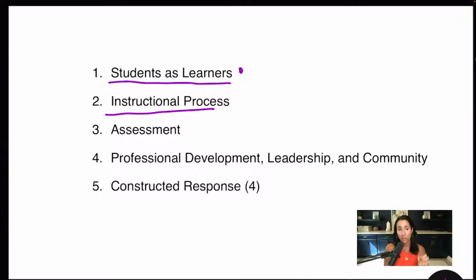Now, good words when it comes to instructional process are going to be state standards, aligning your lessons to the state standards 100%. If you see that in an answer choice, it's most likely the correct answer. Working backward from the standards, that's also a good one as well. Direct instruction, indirect instruction, depending on what it is. Differentiated instruction, also a good word.